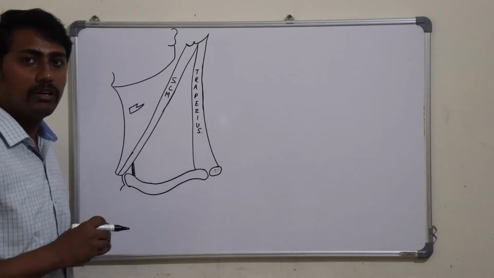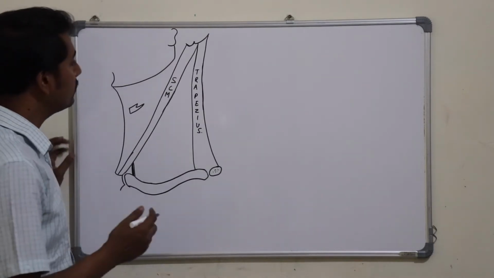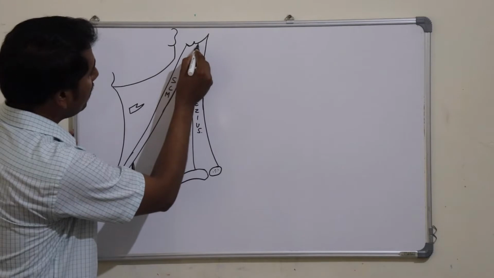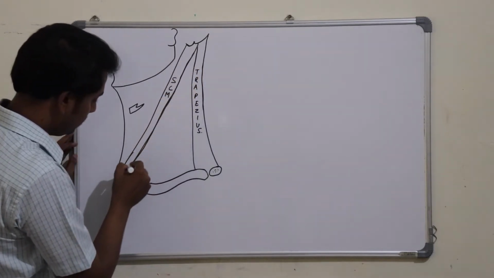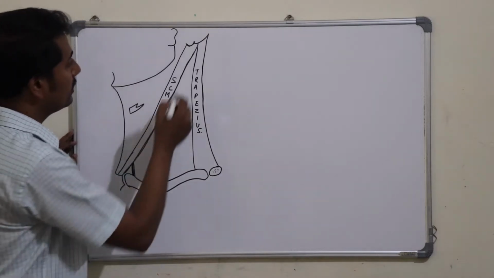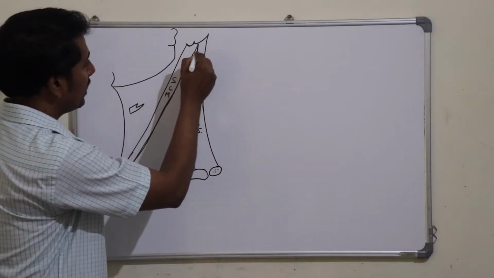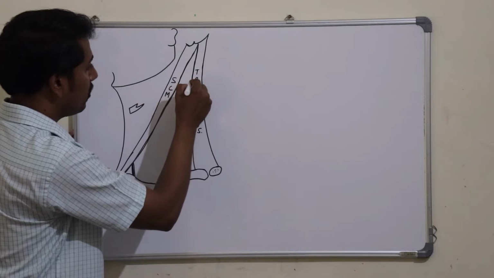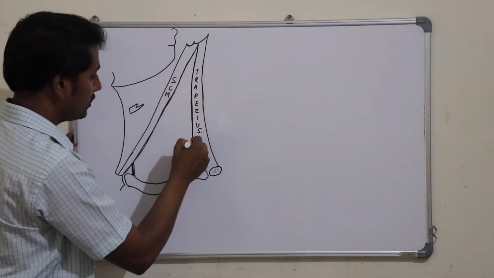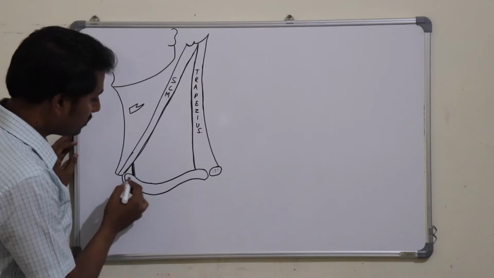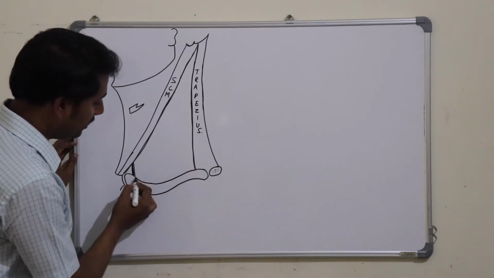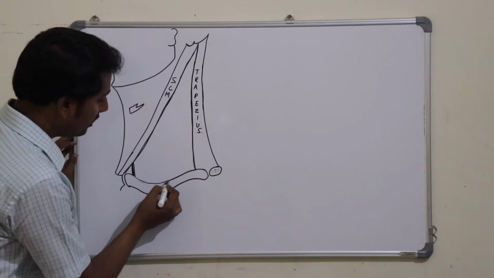The anterior border of the posterior triangle of the neck is formed by the posterior border of the sternocleidomastoid and the posterior border of the posterior triangle is formed by the anterior border of the trapezius muscle. And the base of this triangle is formed by the middle 1/3 of the clavicle.